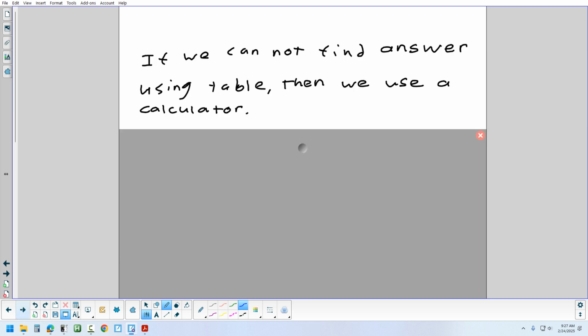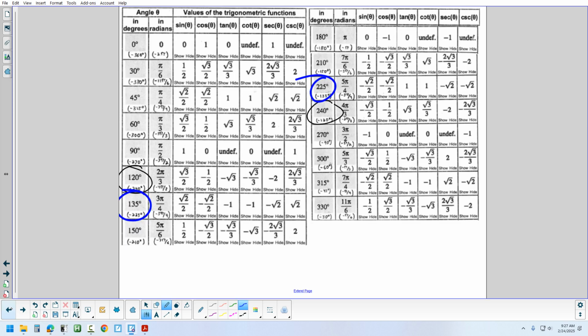If you try to look at 90 on your chart and you go to tangent of 90, it says undefined. Those 4 that I just underlined are the only 4 that will have undefineds. You will never see undefined in the sine or the cosine column. But in the last 4, you'll see it pop up in different spots. And everywhere that it pops up, it's because you are trying to divide by 0, if you want to think of it in terms of what we learned last week.